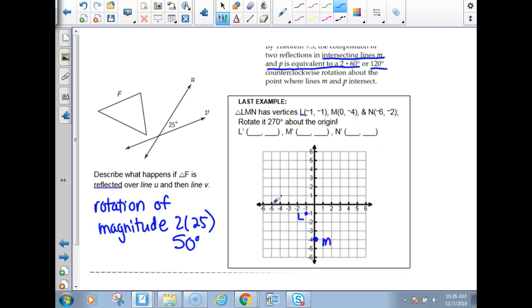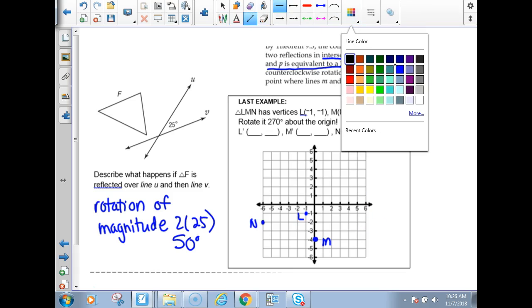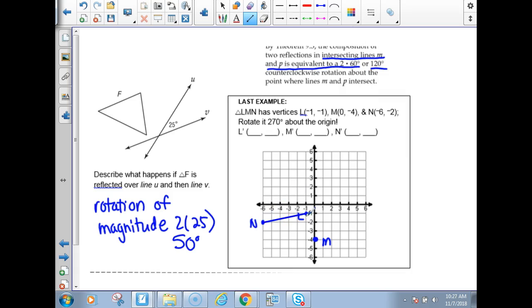And N -6, -2. I keep thinking that -5 is a -6. It's not. Go all the way to the end. That's where -6 is. And then down 2. And there's your N. Okay, so I'm going to connect the points now. If you want, use your straight edge. If not, just sketch it.